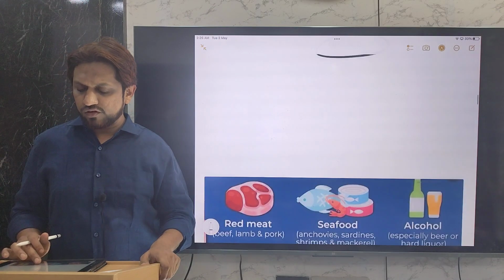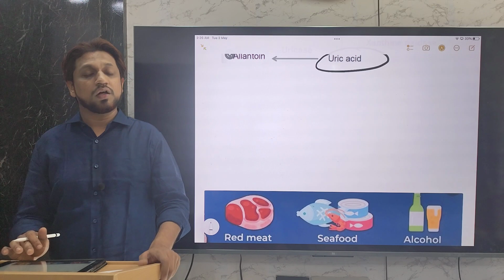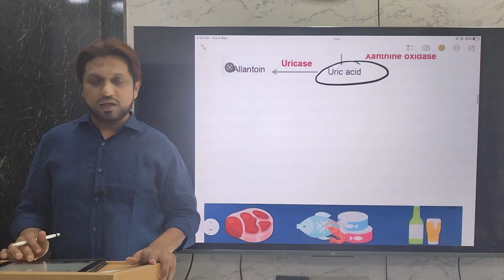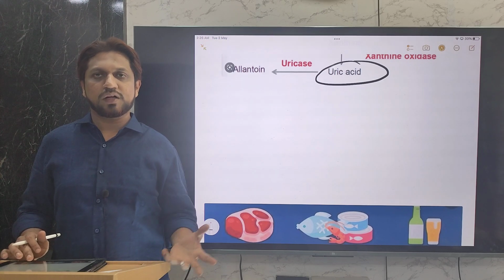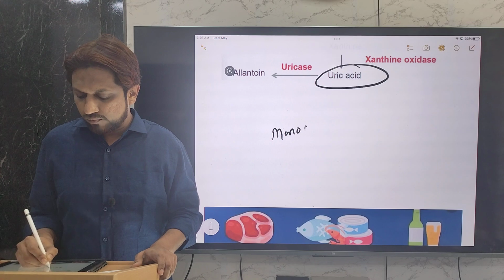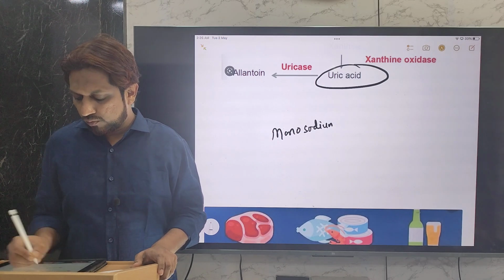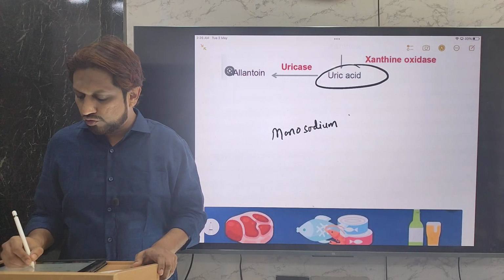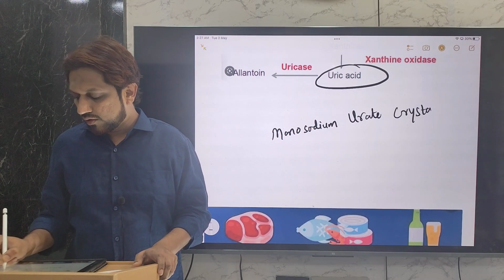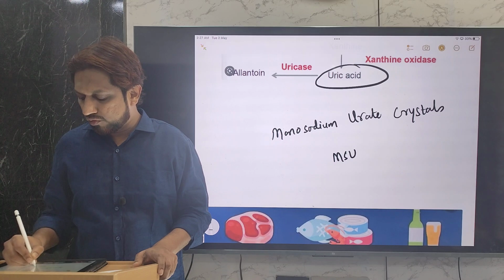Right now, remember, in the pathogenesis there is mainly an increase in uric acid. When uric acid rises more than normal, it precipitates into crystals and forms monosodium urate crystals, which can be abbreviated as MSU crystals.